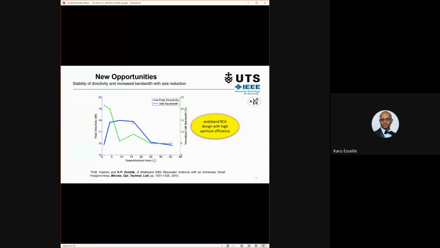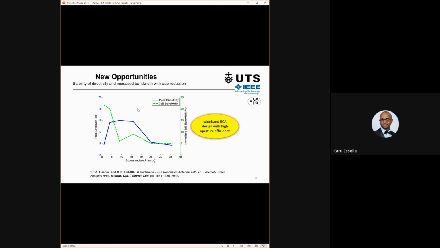There's no need to make them larger to get higher directivity, and in fact, directivity can drop due to various issues when it is too large. If you make it very, very small, then directivity will probably drop. So this is a good range to get very good directivity from a small antenna with an area of the order of 5 lambda naught squared to maybe 10 or 15 lambda naught squared.